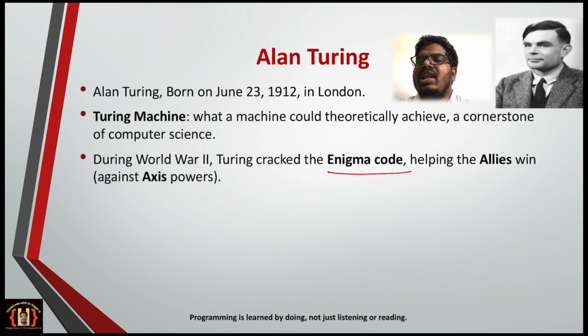Now Turing, along with others, helped in cracking the code. Germany was using this Enigma code to send encrypted messages about the war. But Alan, along with other people, cracked this code, and this helped the Allied powers to win World War II. So this is the greatest contribution of Alan Turing.